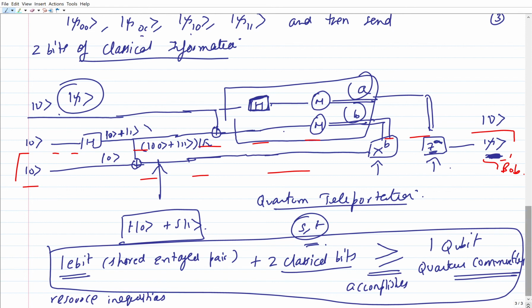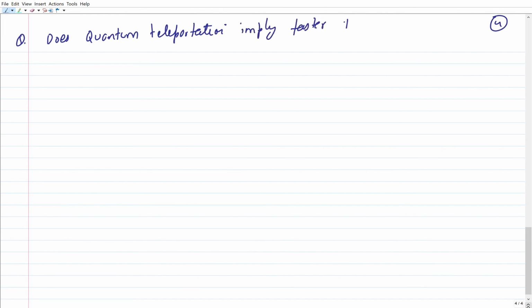So one interesting question might arise: does quantum teleportation imply faster than light communication?